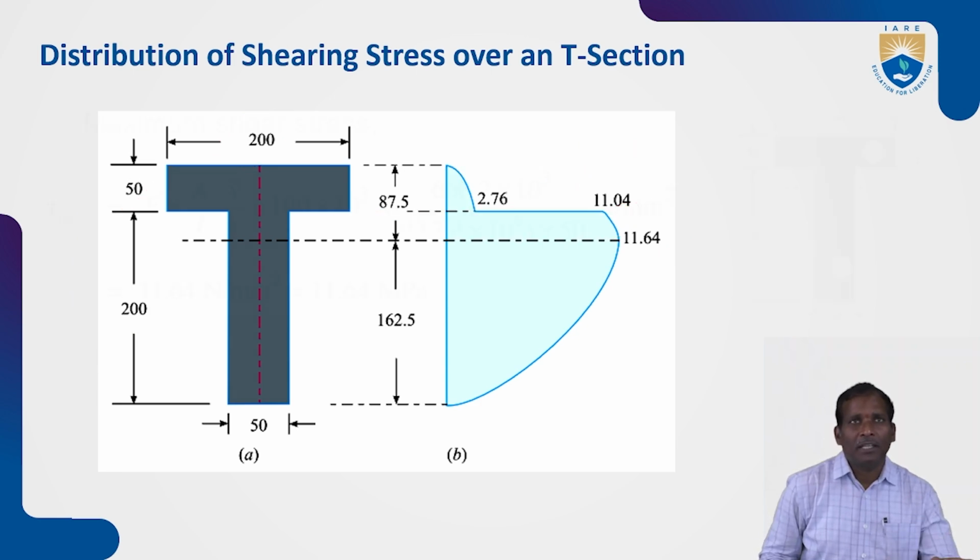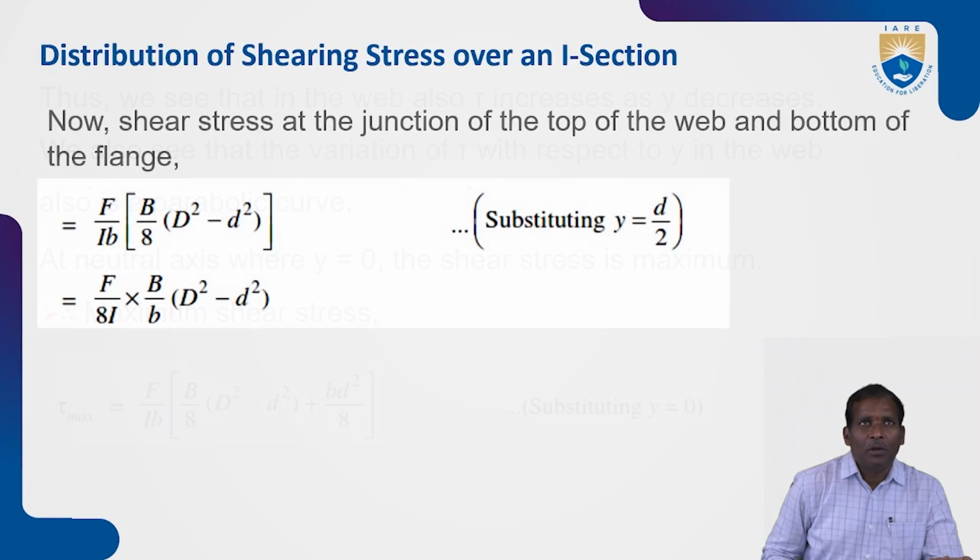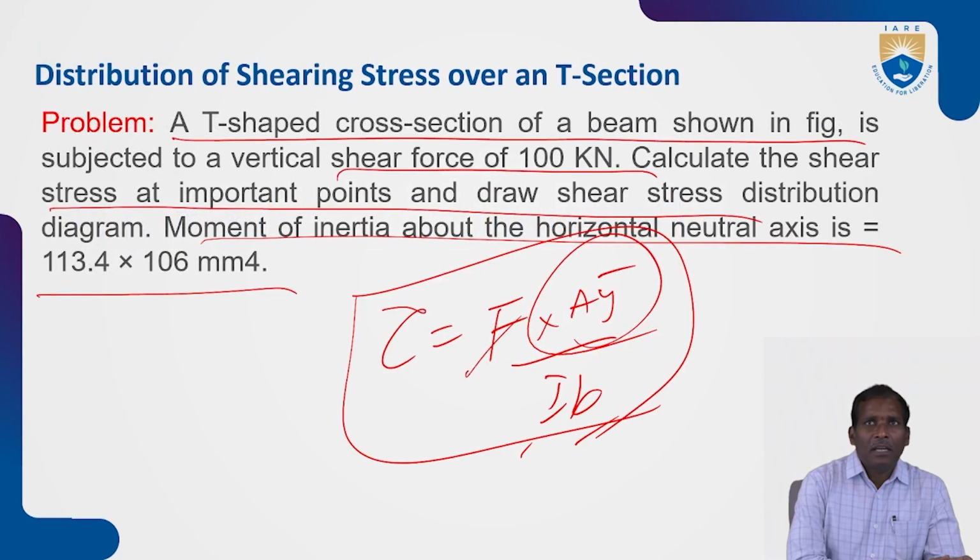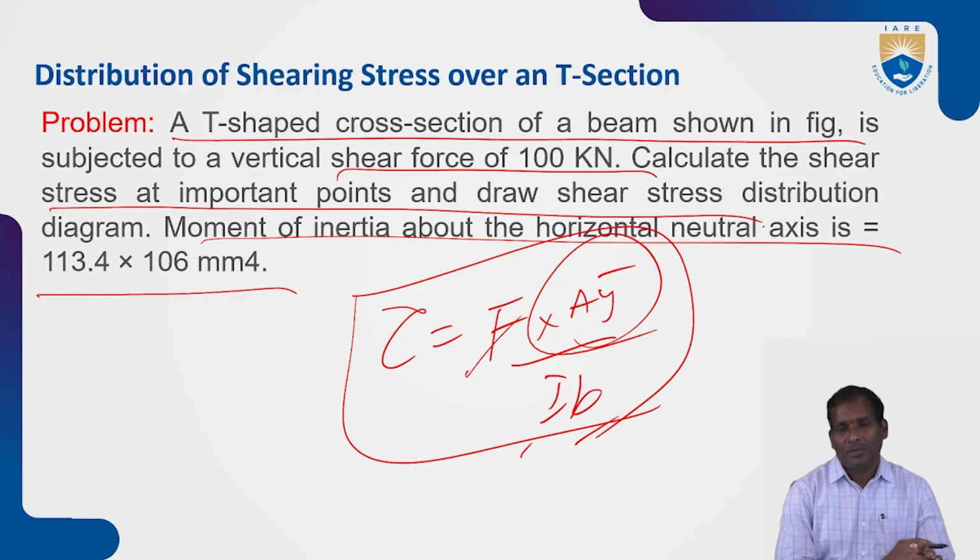So first you calculate the shear stress at important points. Already we have calculated at the flanges and below the junction portion of the flange and web, and also the web portion, and then draw the shear stress distribution diagram.